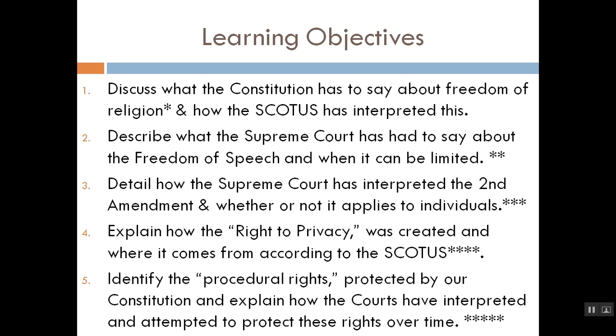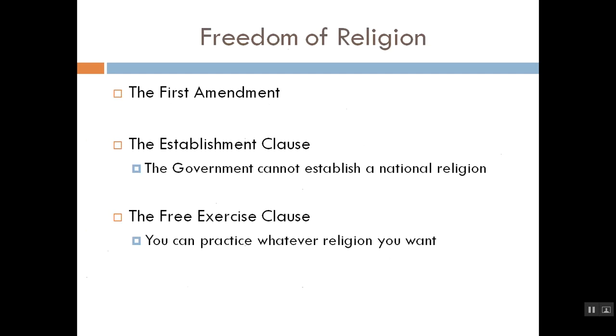The final learning objective asks for you to identify the procedural rights that are described by our Constitution and explain how the courts have interpreted and attempted to protect these rights over time. In particular, we're going to be looking at the Fourth, the Fifth, the Sixth, and the Eighth Amendments. Let's go ahead and get started with the First Amendment, freedom of religion.